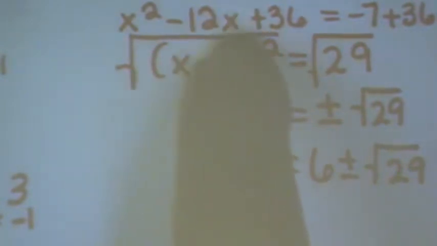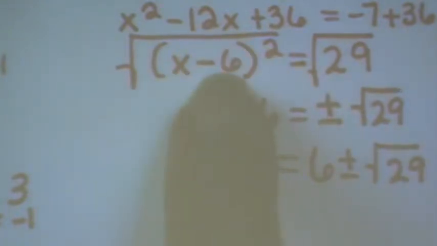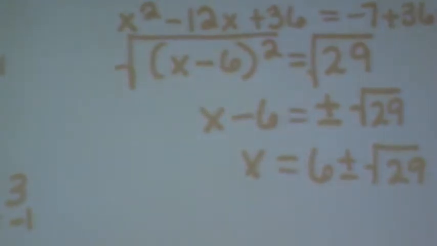You take half of -12 and square it, multiply it by itself. Half of -12 is -6, and when you square it, you get 36. But half of the -12 is the number that goes inside here. You get it?